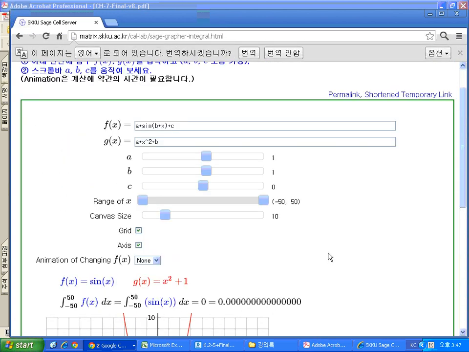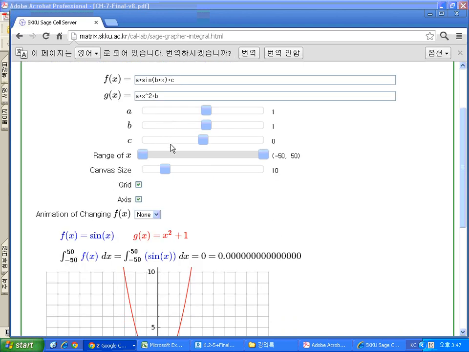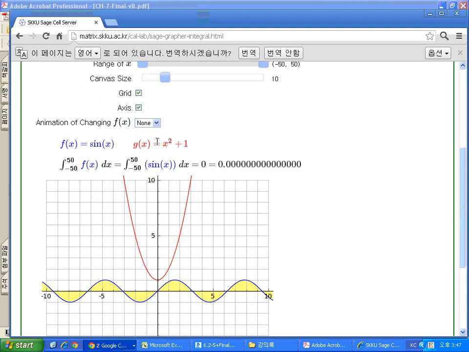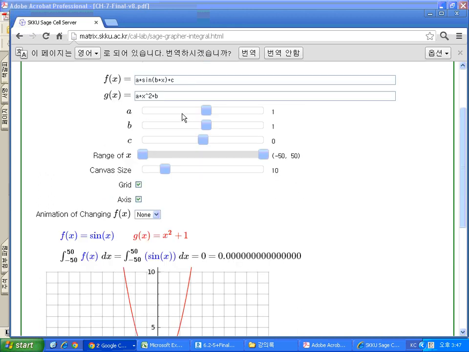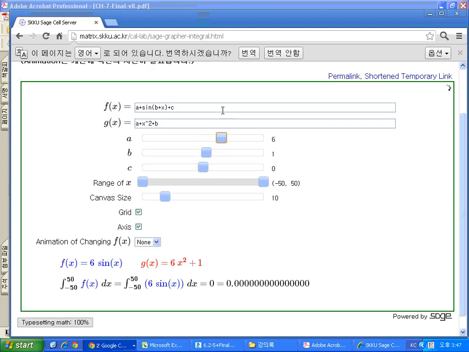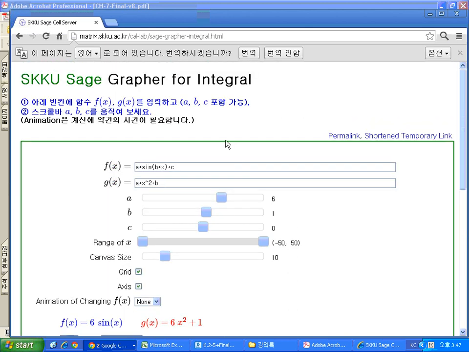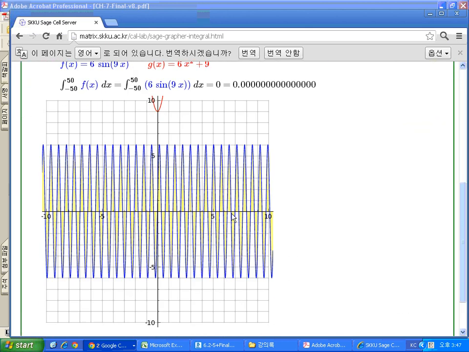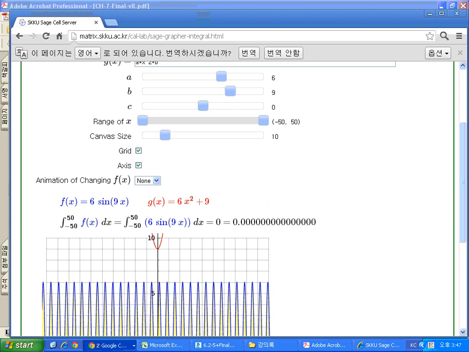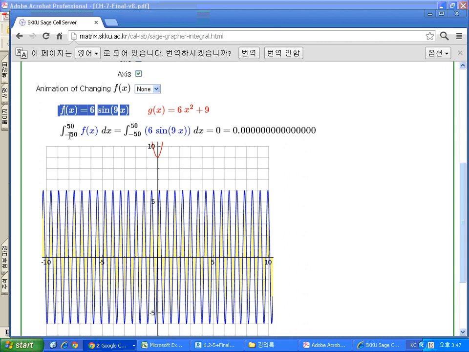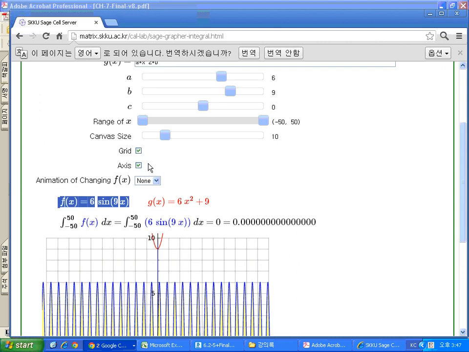This shows the original function and its integral. For example, if a moves, then this f of x is given, and the integral of f of x is given here like this. If you change b, then for this function, 6 times sine 9x, the integration from minus 50 to 50 of f of x is like this.